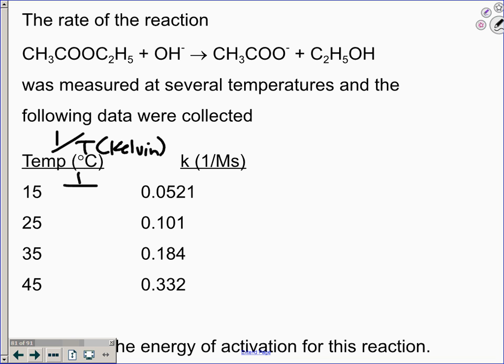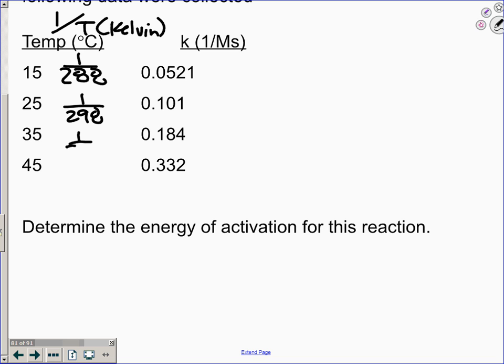What's 273 plus 15? 288, thank you. And this is 1 over 298, and this is 1 over 308 Kelvin, and this is 1 over 318. All those are in Kelvin, but your units in the calculator don't matter. All right, so that's our x-axis.